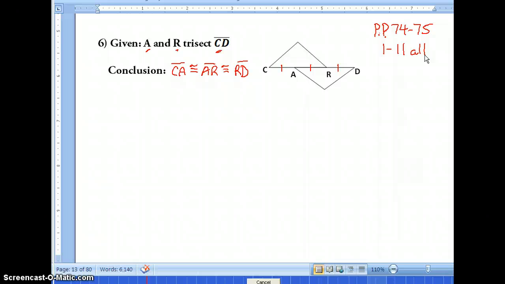So on Monday when you come in, be prepared to look at 1 through 11 on pages 74 and 75. In fact, if you have extra time over the weekend, you're welcome to copy down the even numbers, and we're just going to do those just like number 6 is done. And then we're going to go to the odd numbers, and we're going to prove them together in groups. So that's what's happening Monday.